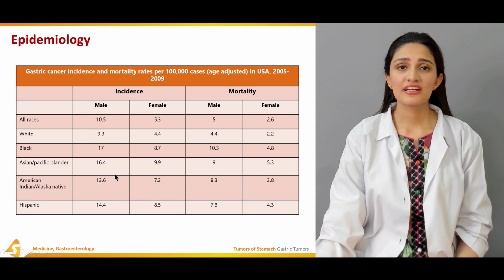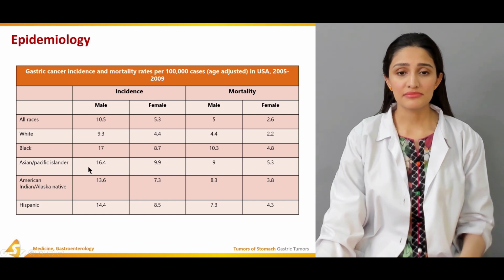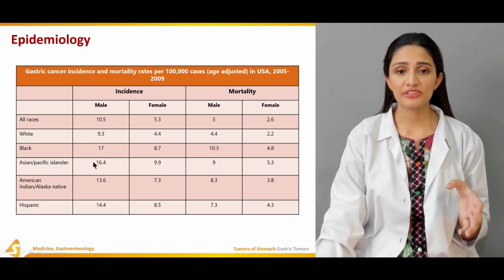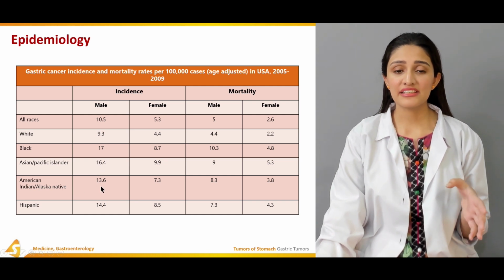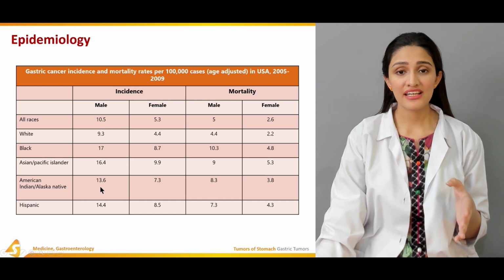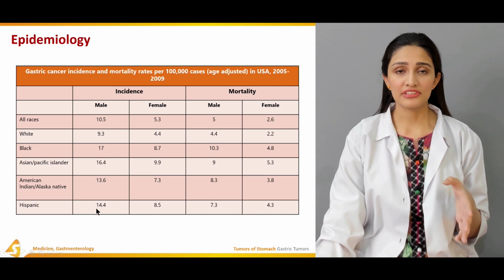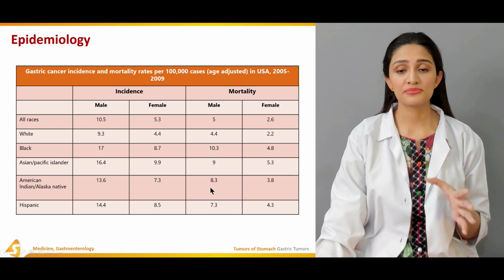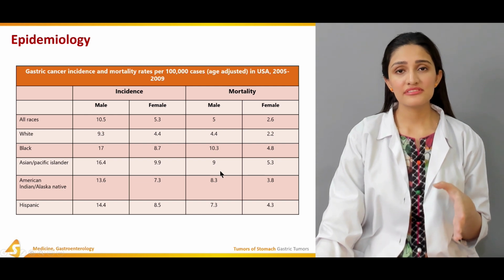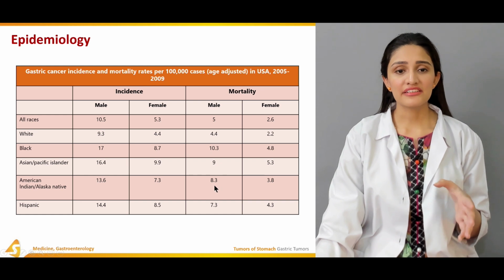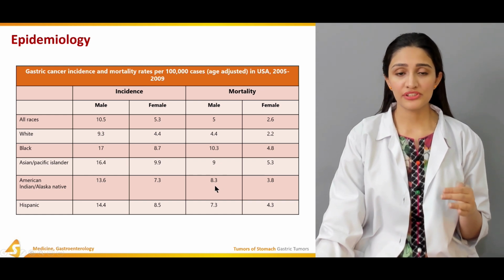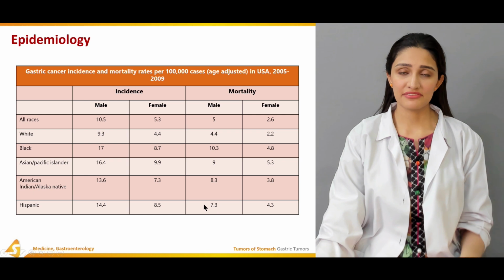Other than that, the Asian population has around 16.4, which is almost like blacks, then American Indians have around 13.6 incidence rate, and Hispanics have around 14.4. If we talk about the mortality, the Asian population has around 9, the American Indian a little lower at 8.3, and the Hispanics 7.3.